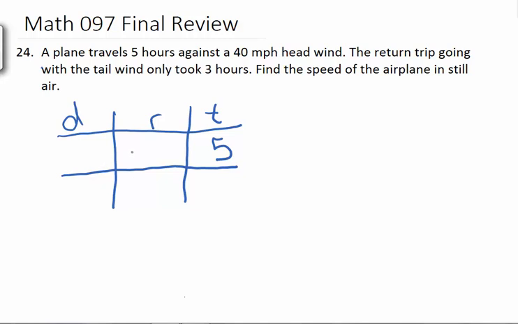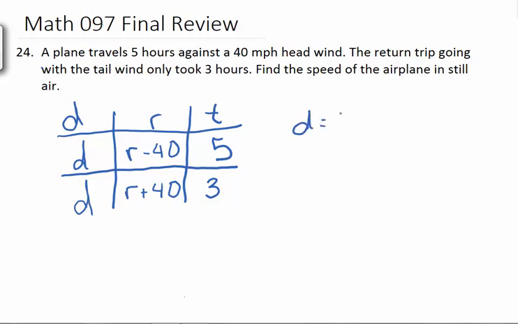So against the wind is going to slow us down. So R minus 40. The return trip only took 3 hours. So with the tailwind means we're going to go a little faster. We're going to get R plus 40. The distance, well, we just took a trip and then we turned right back around. So the distance will be the same.